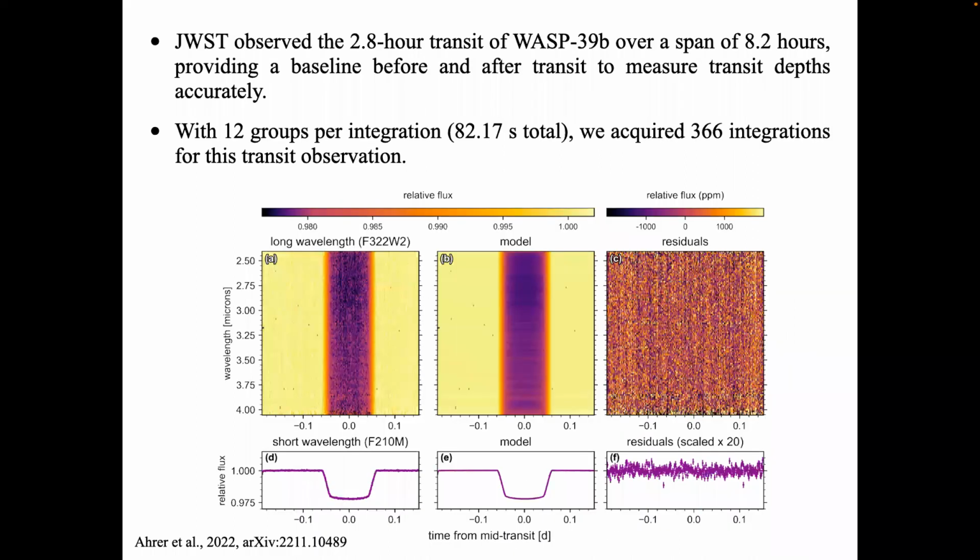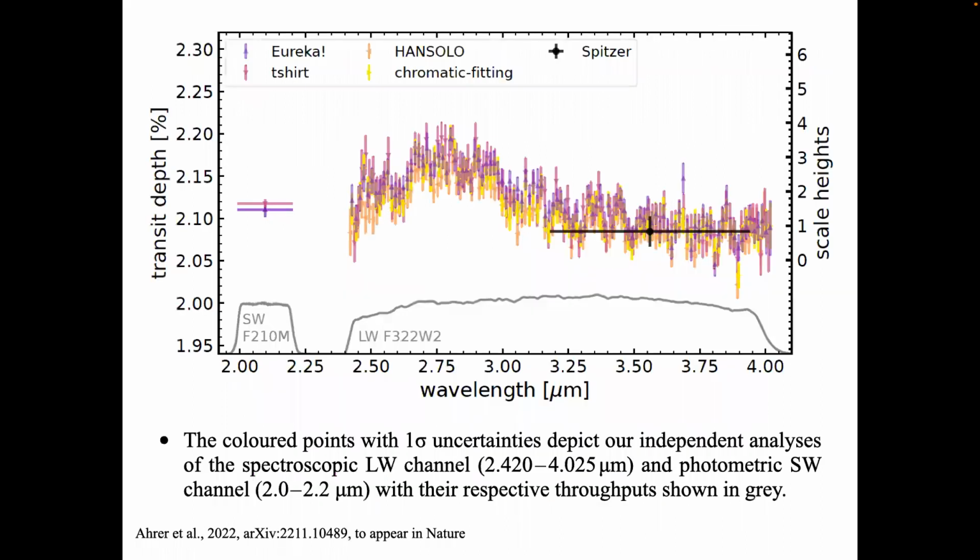So we observed WASP-39b again, over 8 hours, and this is how the flux of the light changes as a function of time. This is the white light curve, this is the model, these are the residuals, and this is the transmission spectrum.